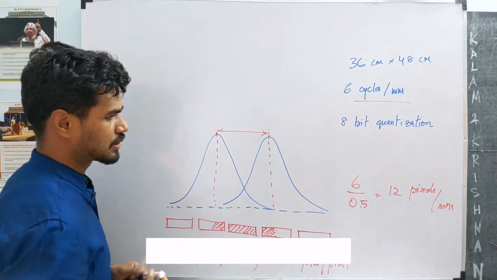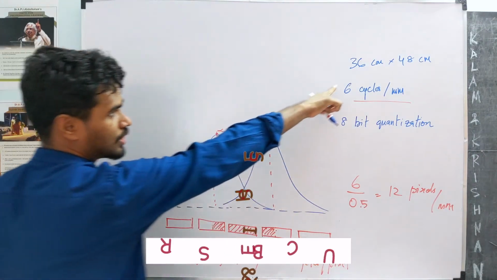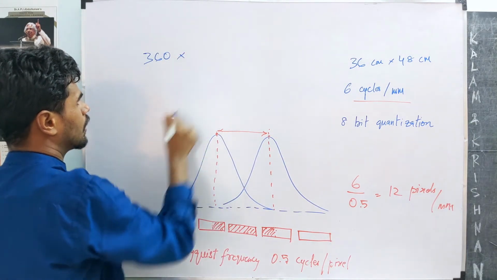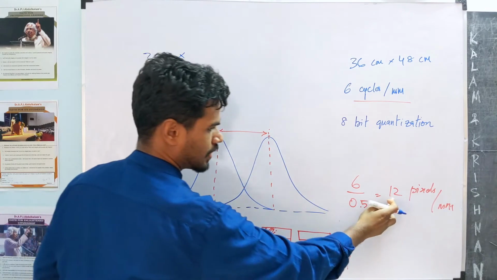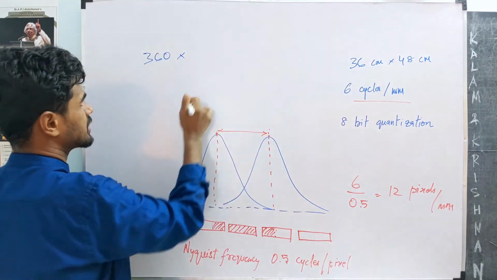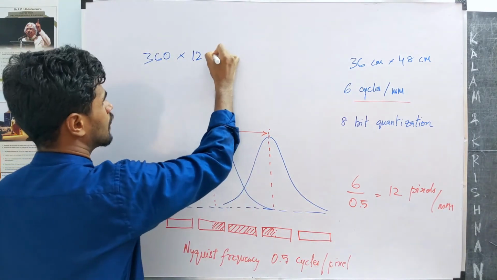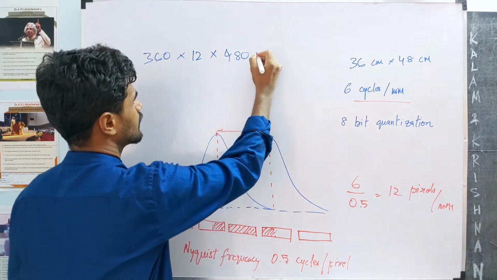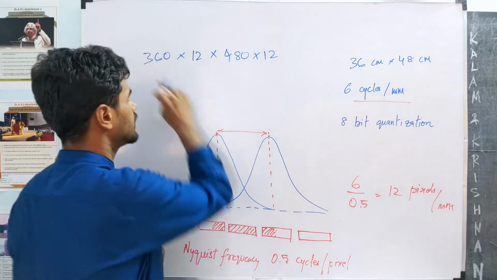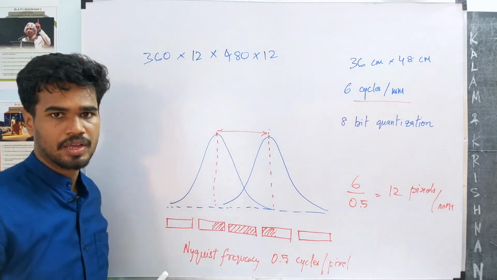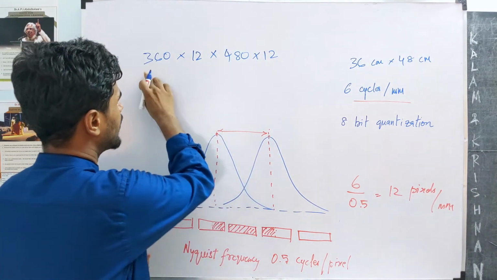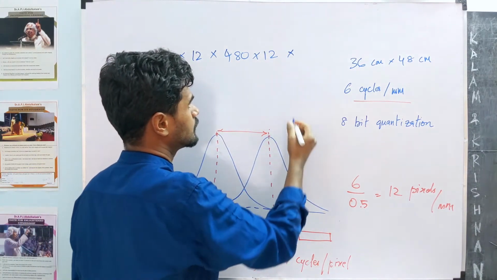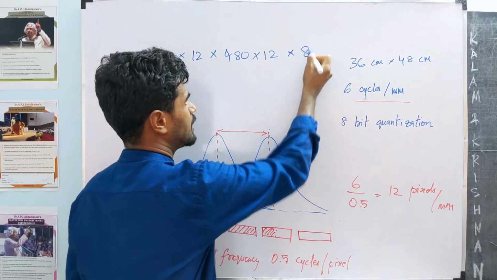Because this is in mm, I'm going to convert everything to mm. So 36 centimeters is 360 mm. Along the length we need 12 pixels per mm, so along 360 mm we need 360 times 12. That times 480, which is the height, times 12. So we need this many pixels. How many bytes correspond to these pixels? It's an 8-bit quantization, so times 8 bits.